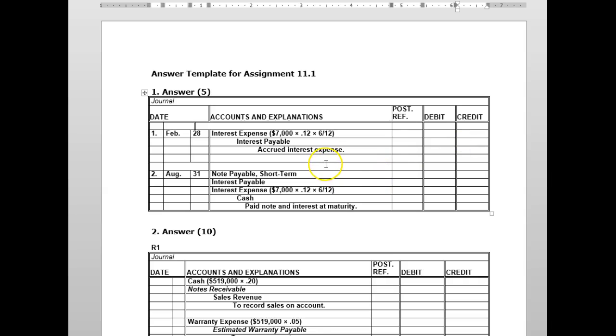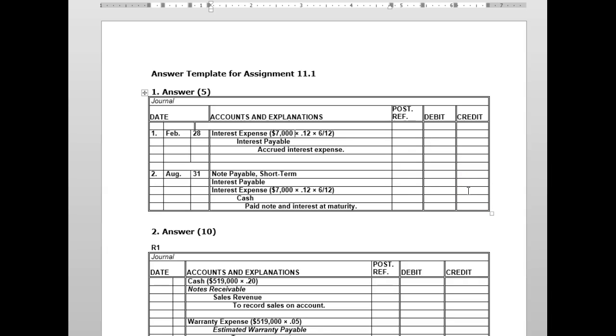Now, the last half of the note year has not had the interest recognized. So that expense you're going to recognize now, which is $7,000 times 12% divided by, in half. And that will give you a debit for interest expense. You can't take this one because you've already taken it. Now, these are debits, and this is going to tell you the amount of cash you have to credit.